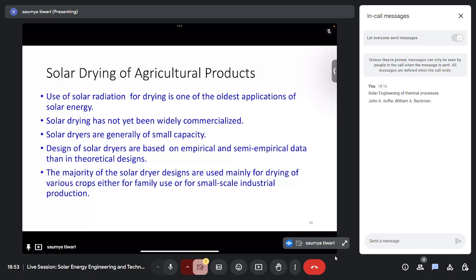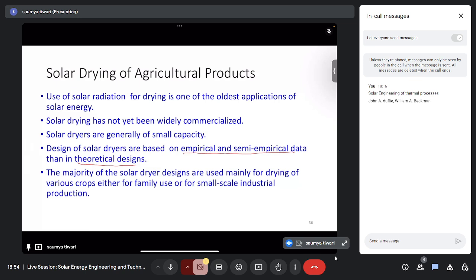It's the most common and oldest application of solar energy for drying purposes, right? The design of these solar dryers is based on empirical and semi-empirical data rather than theoretical design, and they are basically used for small-scale crop drying or small-scale industrial production, right?